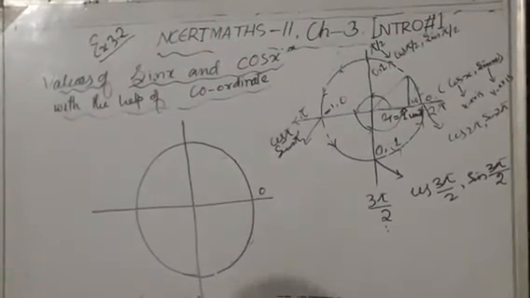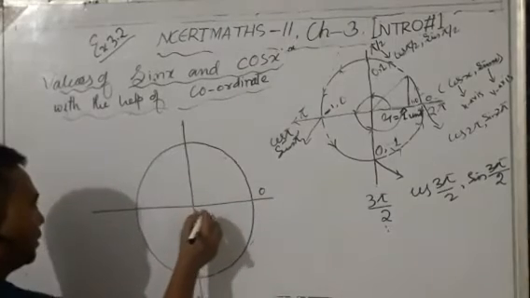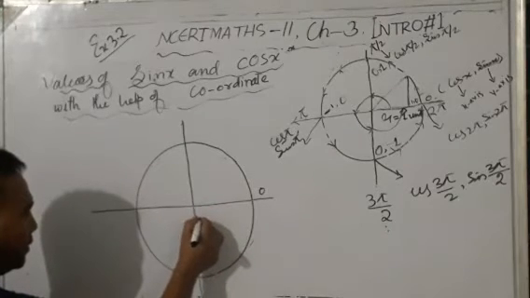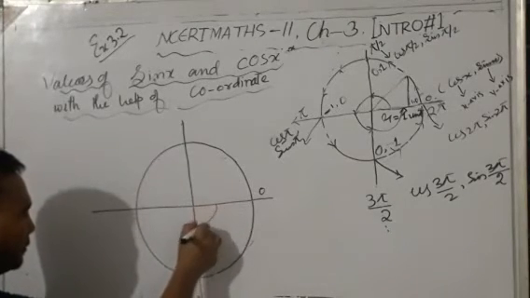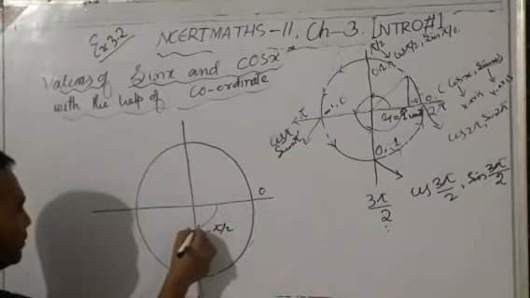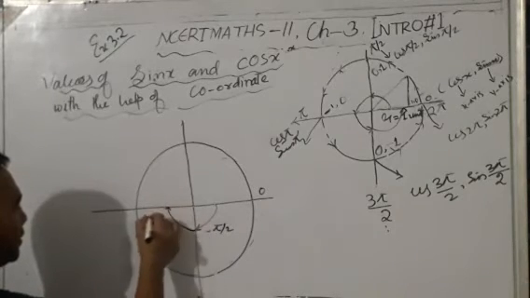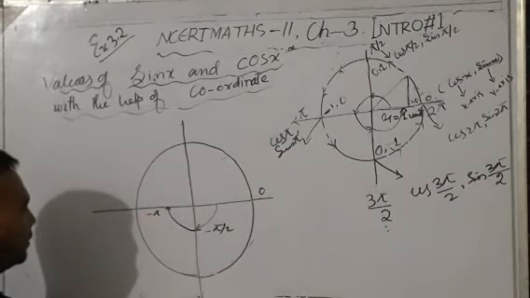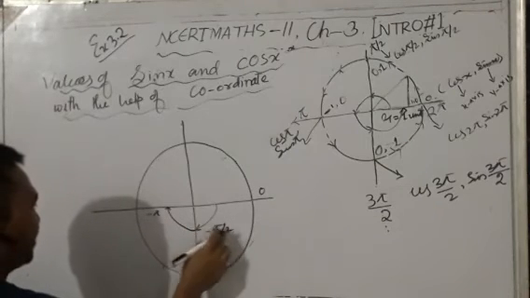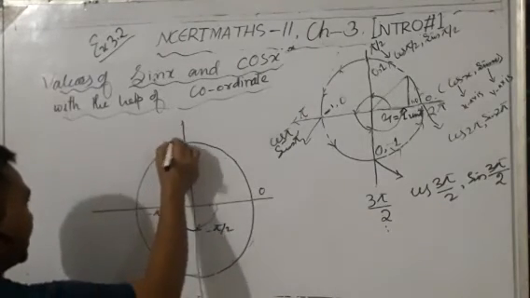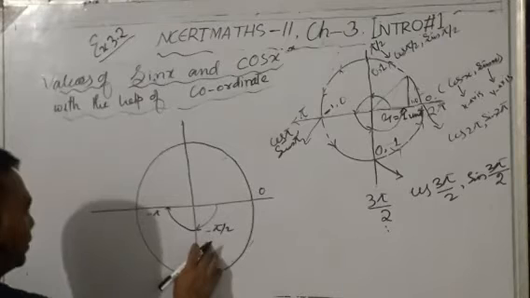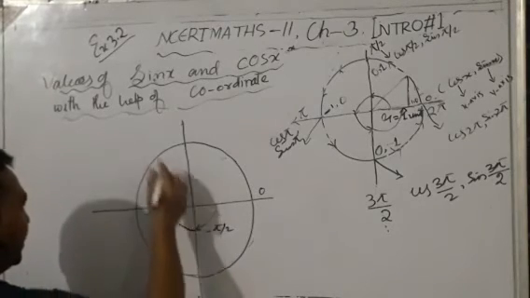Okay, fine. Now let us consider starting from 0. So this is minus pi by 2, all angles will be negative. So this is minus pi, and then minus pi by 2, pi by 2, pi by 2, 3 pi by 2.